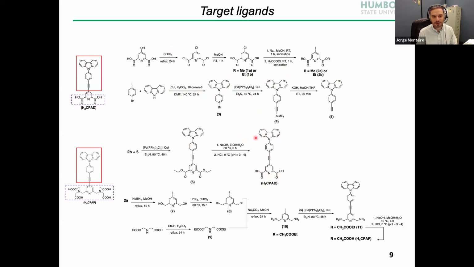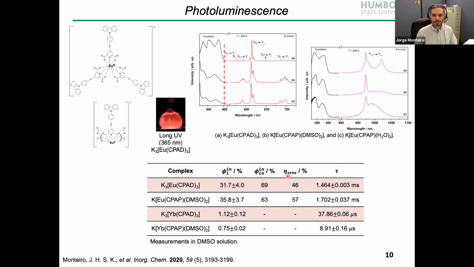So the first one that I showed here, and then the heptadentate ligands that I showed as an option as well. And when you have the ligands, the next step is the complexation with the metal. So in the first case here, we have one metal for 3 ligands. So net charge is 3-. And then the second case is a 1-to-1 stoichiometry.